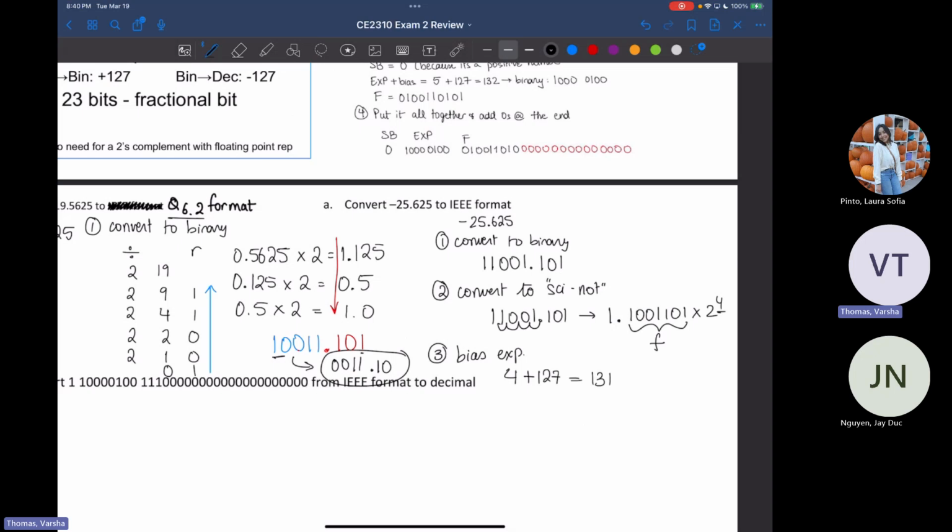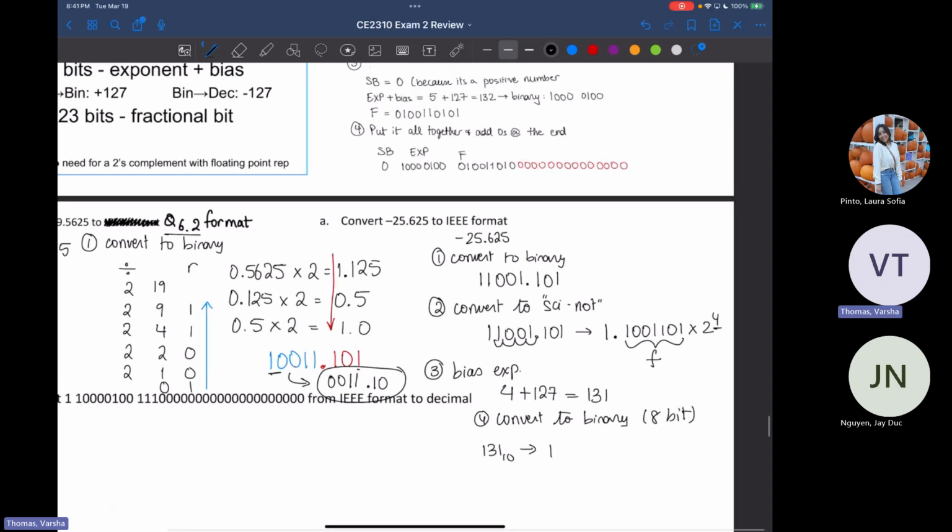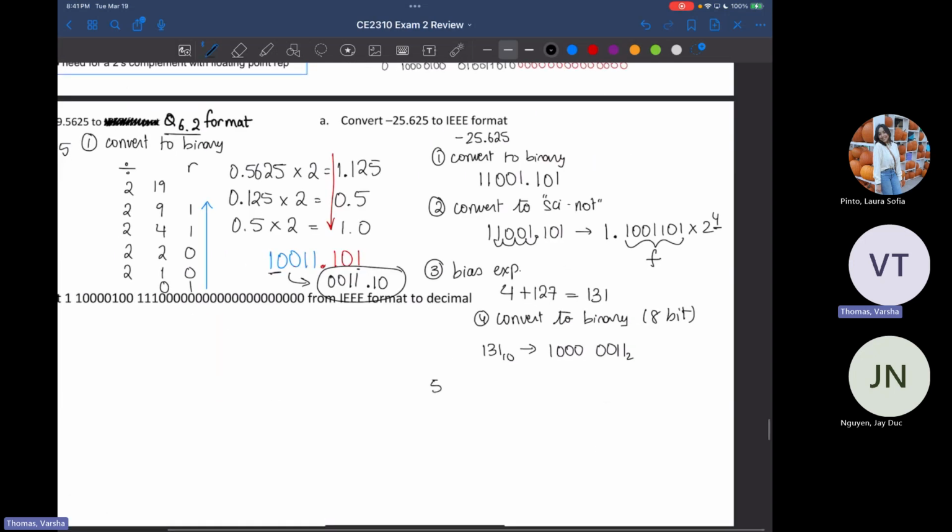Then you convert the exponent to binary, for an 8-bit binary number. So 131 in base 10 as an 8-bit binary number is 10000011.